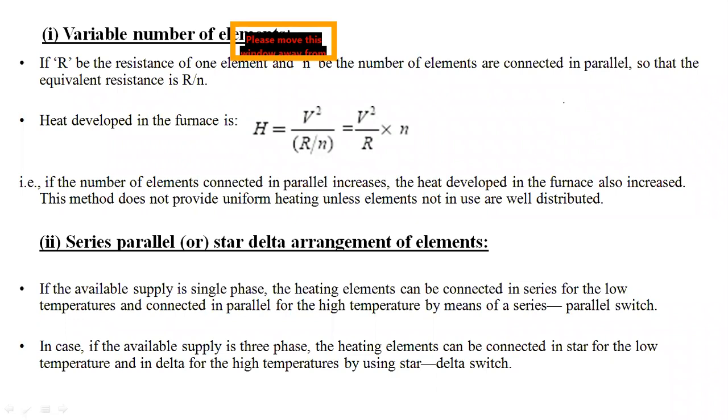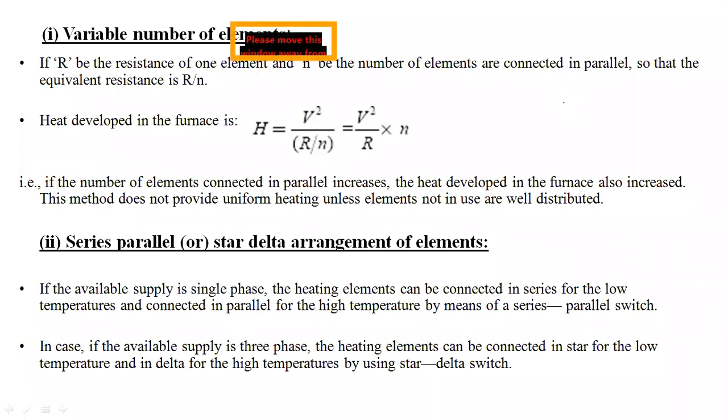That's it. So here we have considered one element which has a resistance of capital R, and in that furnace we are going to use small n number of elements connected in parallel, so that the equivalent resistance is given by capital R by small n, where n is the number of elements.